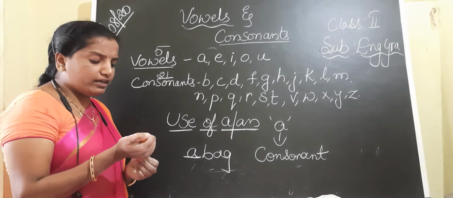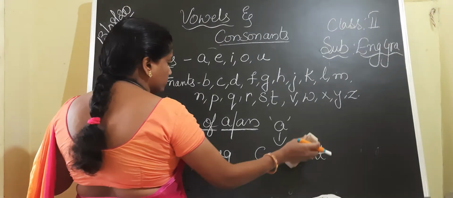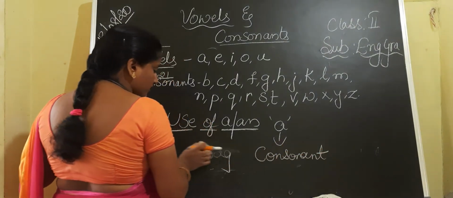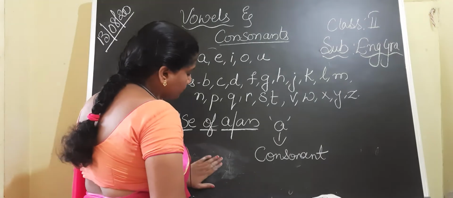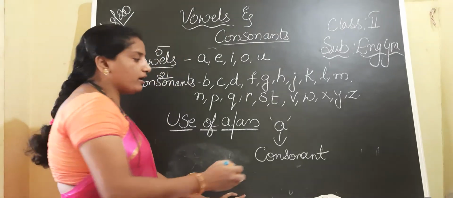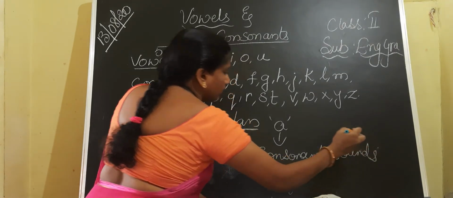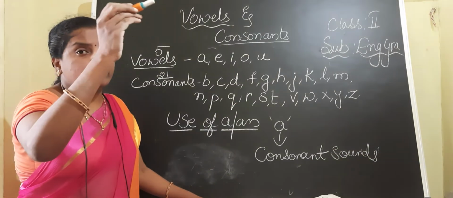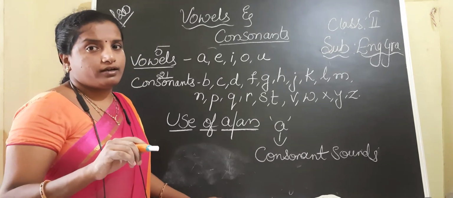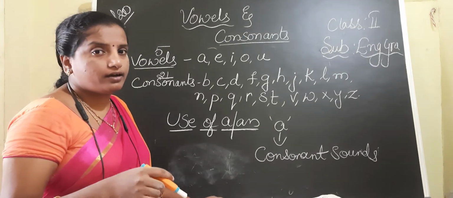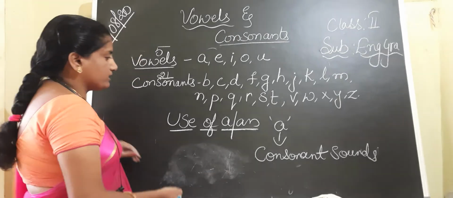How will you identify vowel sounds and consonant sounds? You are very small to learn this topic, but let us try. Consonant sounds are like the Telugu Varnamala sounds ka, ga, cha, ba, la, ra, ha. All these are known as consonant sounds.